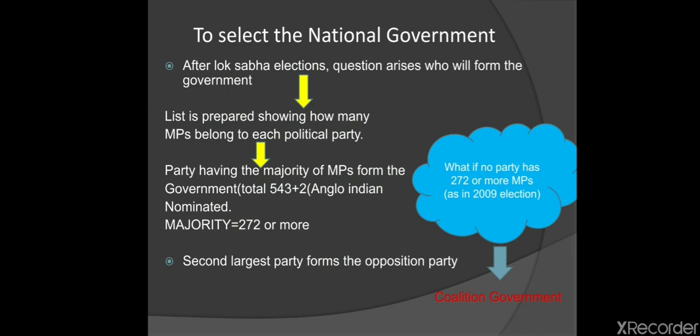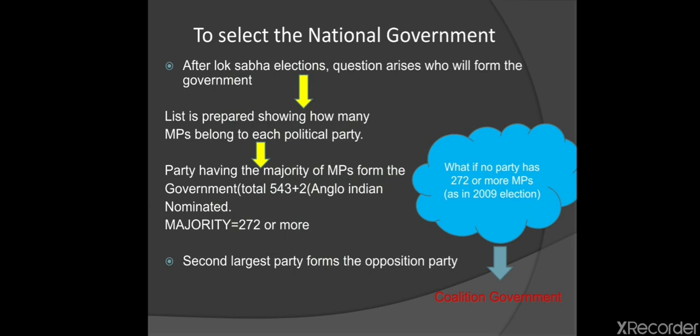From BJP, how many have won, from Congress, how many, from all over India, one list is prepared, which I'll show you after this. The party having the majority of MPs forms the government.